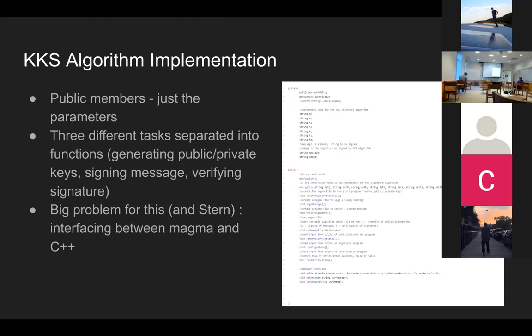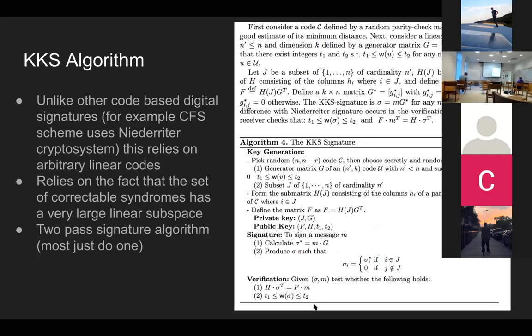The private members are just the parameters that we give. So pretty much from top to bottom, you have the field size, the larger length and dimension, N and K, the smaller length and dimension, little n and little k, and then T1 and T2 are used at the second step of the verification to check the weight of one of the resulting vectors that we get.